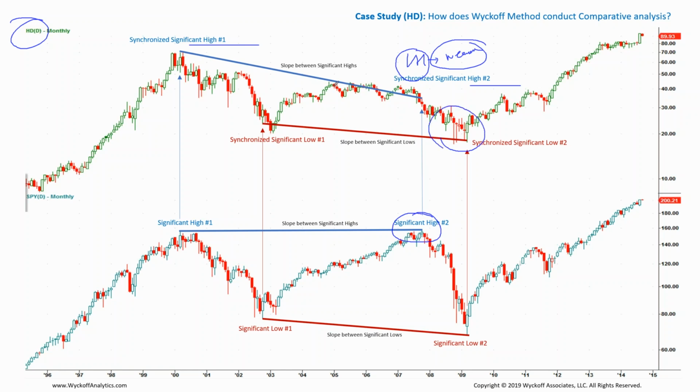We just know that being weaker suggests that we might see some kind of underperformance to the downside. And initially, right here, we were underperforming. When the market was still creating new highs, look at how Home Depot already was going down.